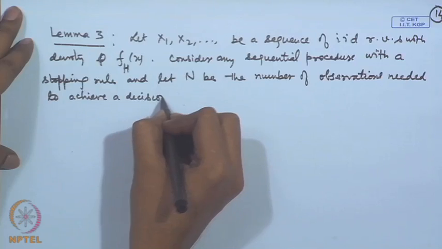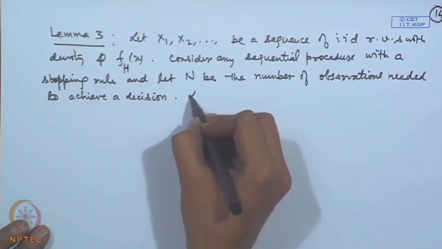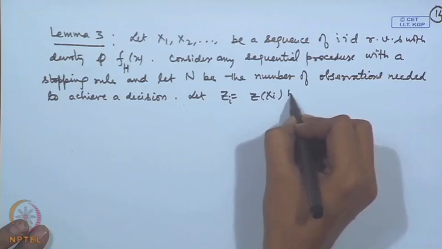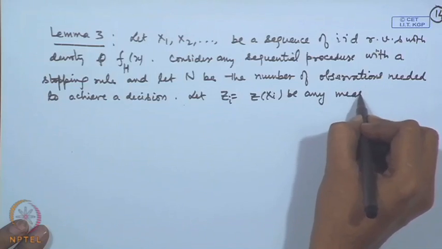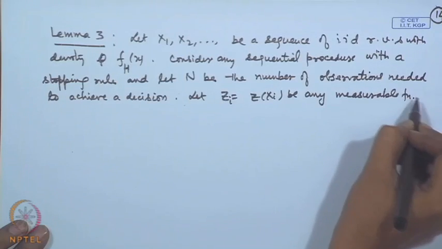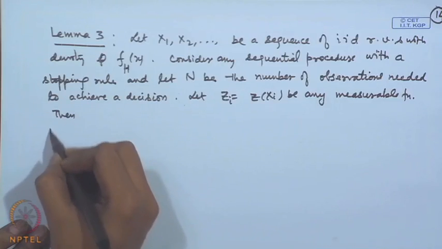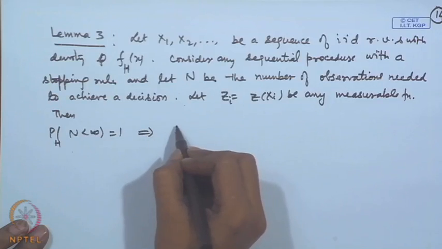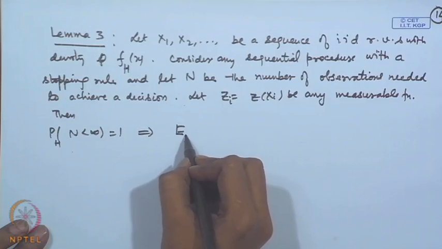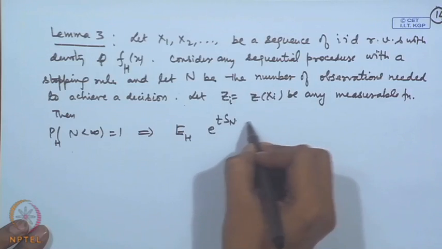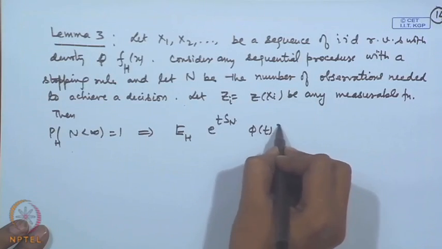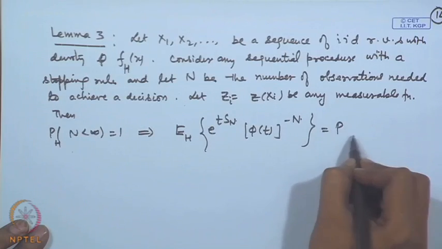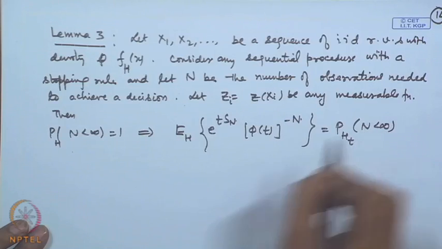Let z is equal to z of x i be any measurable function, then probability that n is finite under H implies that expectation of e to the power t s n into phi t to the power minus n, that is equal to p h t n less than infinity.